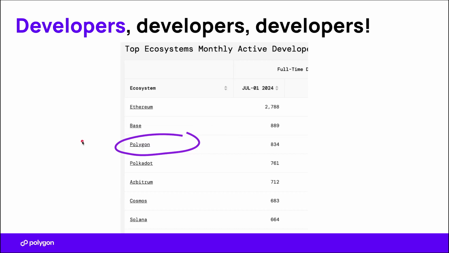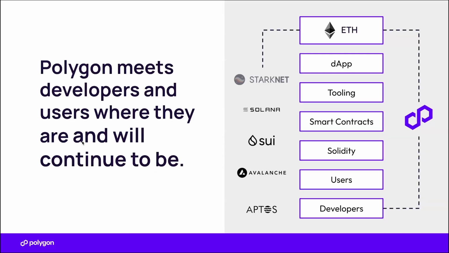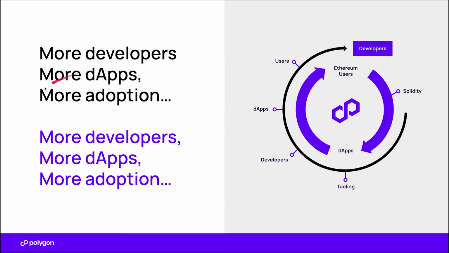And why is this important for us? Because the more developers we have, the more dApps will be created, and then the more general adoption. It all starts from them, because developers are the ones that help us create this positive flywheel that can lead us to grow the numbers I was mentioning before: the number of transactions, the number of unique active wallets, and the TVL.